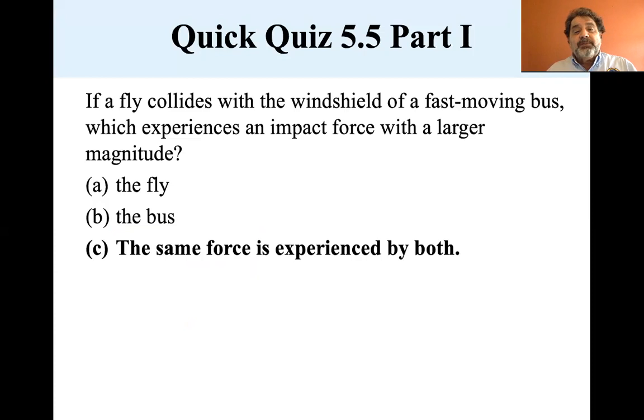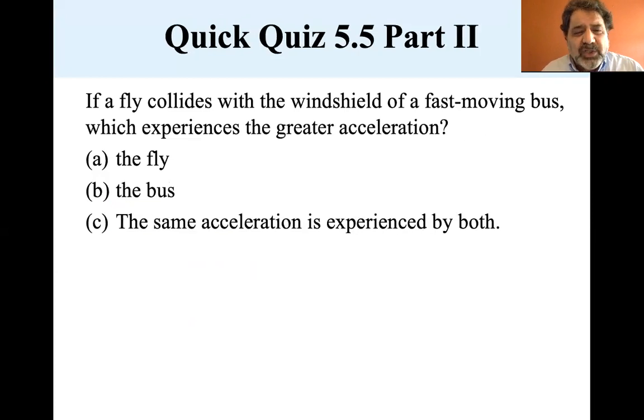Now, which one experiences the greater acceleration? Remember how I did the projectile on the Earth. The mass of the bus is so much greater than the mass of the fly that the bus experiences very little acceleration, virtually none, and the fly experiences a very large acceleration.